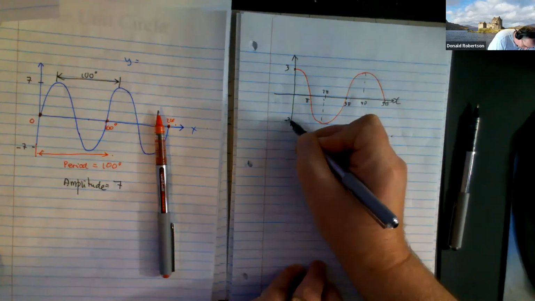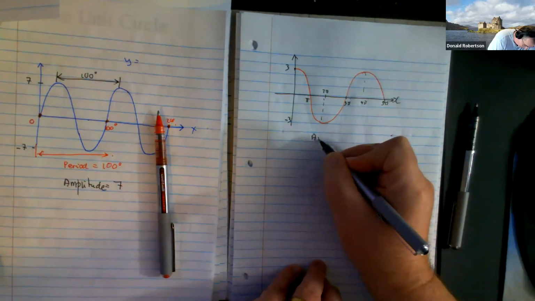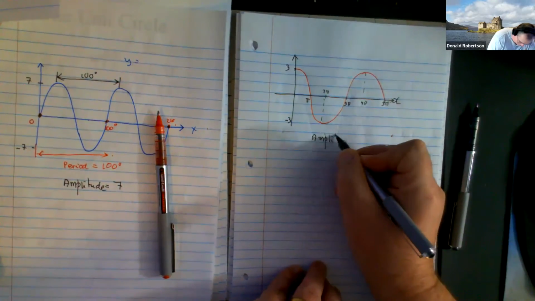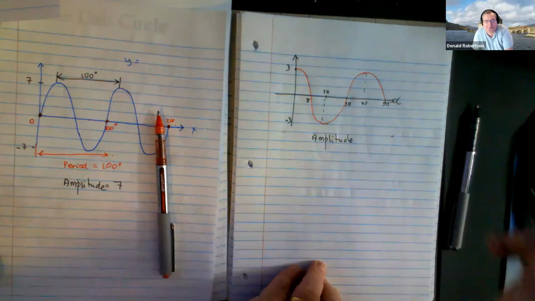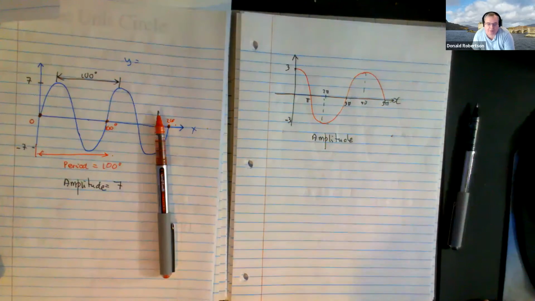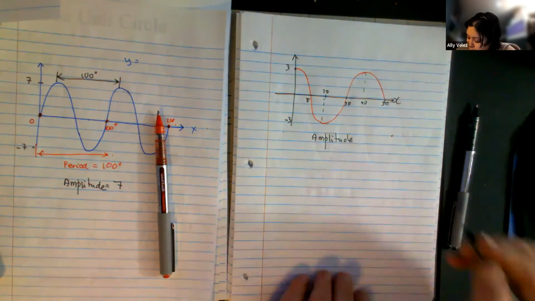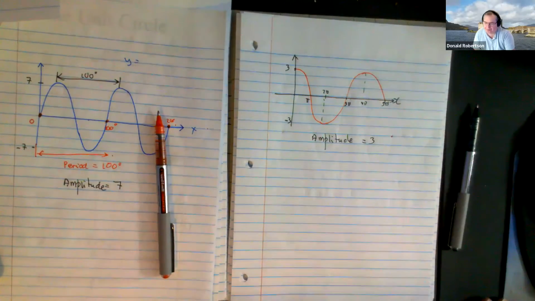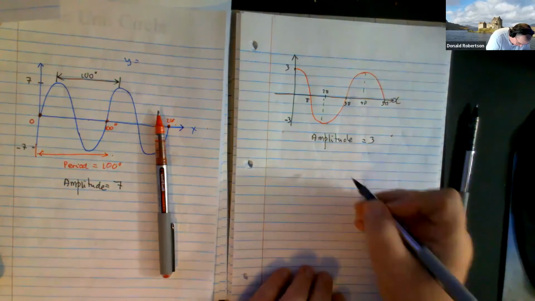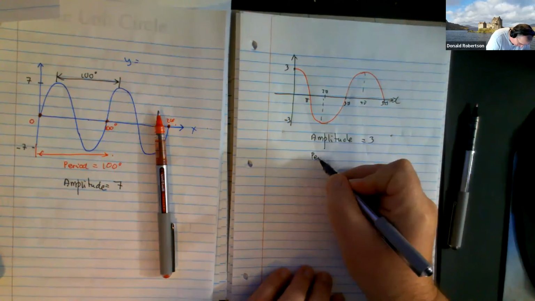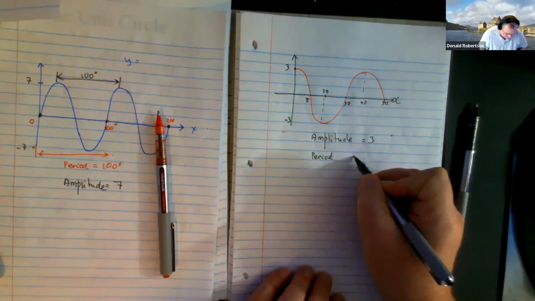Let's go for the easy one first. For this trig curve, the sinusoidal curve, what is the amplitude? 3. You agree that's pretty easy to tell in this kind of situation. Now, being a little bit sneaky on the period.